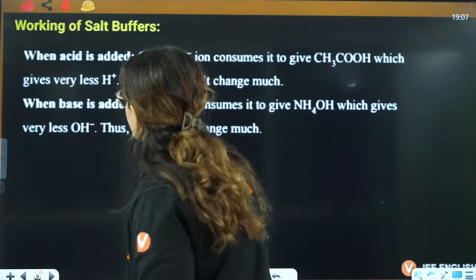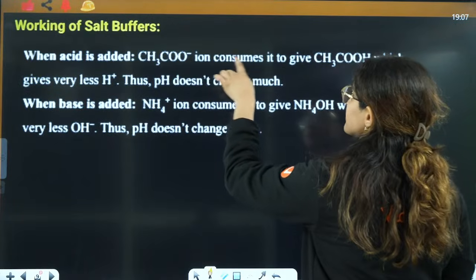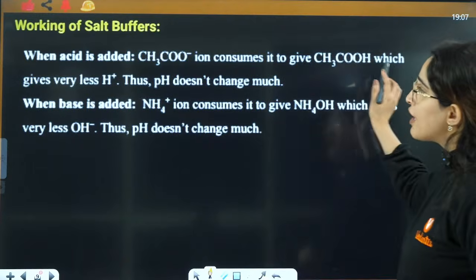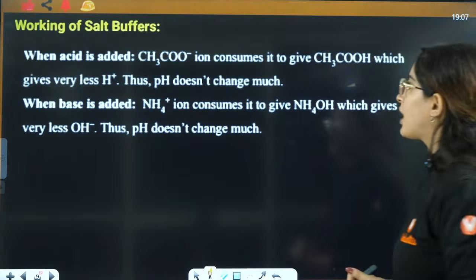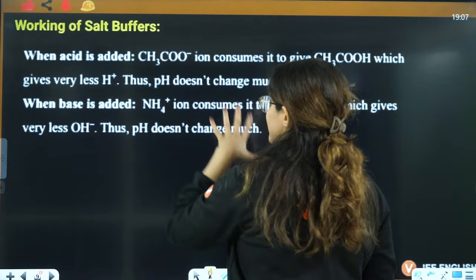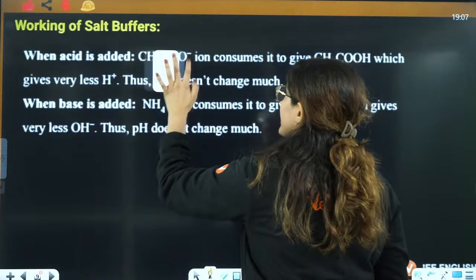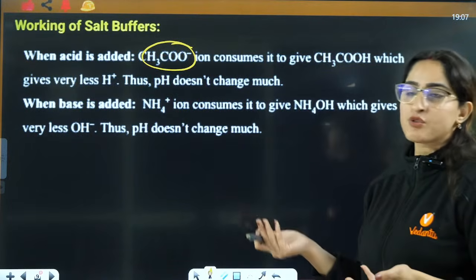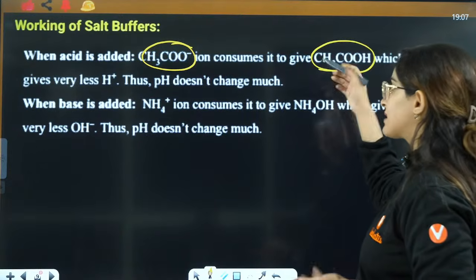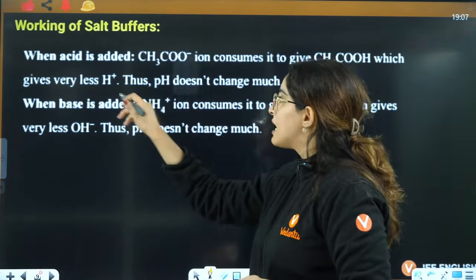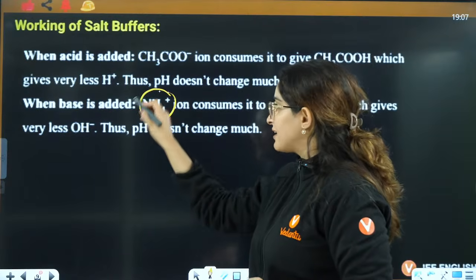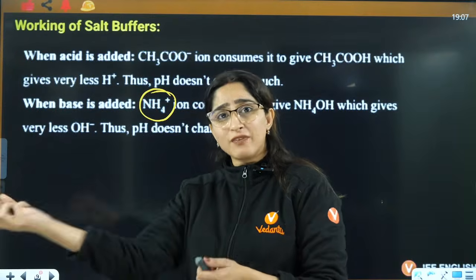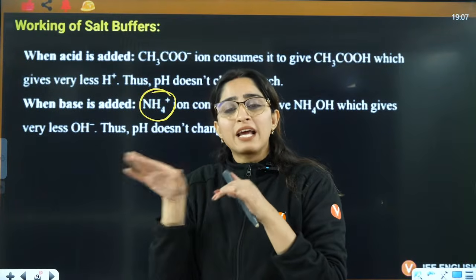Now, when an acid is added, this ion consumes it to give CH3COOH, which gives very less H positive. When we add acid H positive, this ion will eat H positive, right? And that is why further dissociation of CH3COOH will be less, and that is why no change in pH is there. When base is added, NH4 is a cation that will get attached to OH negative, right?